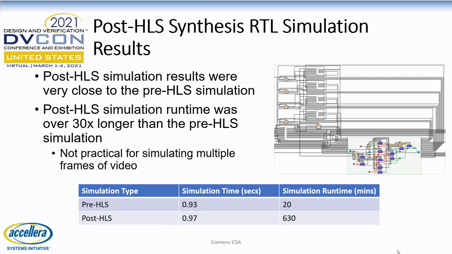This demonstrates a very powerful feature of MatchLib, being able to simulate the true hardware behavior in the pre-HLS simulation. In this example, we were performing a single inference. However, it would not be practical if we were attempting to simulate multiple frames of video where each frame requires 630 minutes to simulate in RTL.